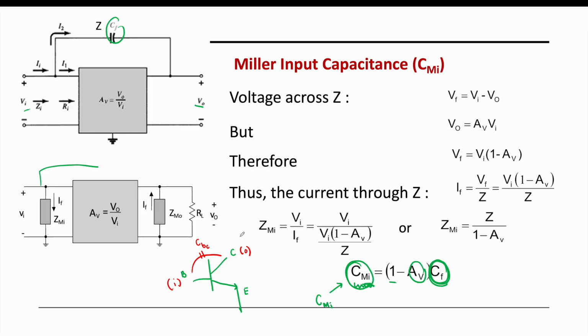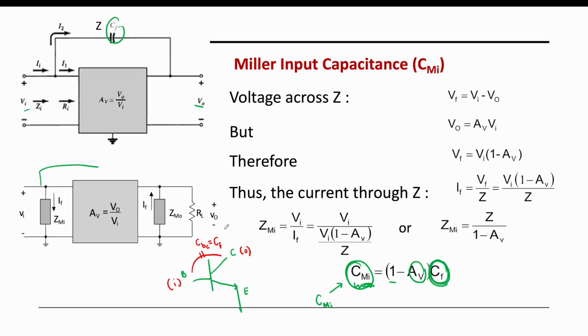As I mentioned earlier, this CBC can also be referred to as CF, which is the feedback between the input and the output.